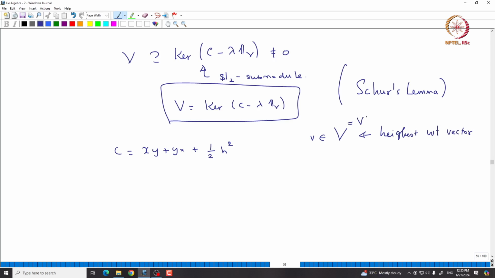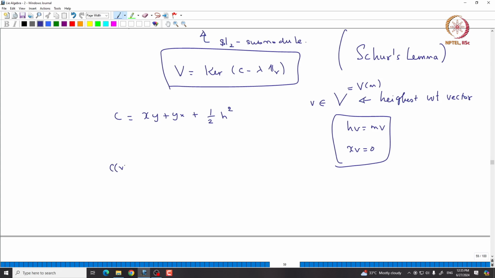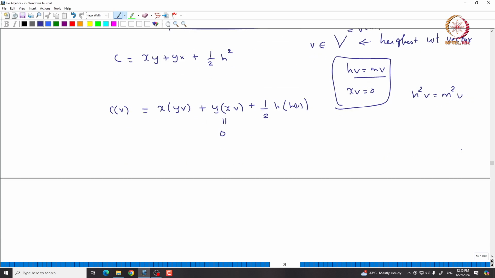Since V is equal to V(m), we know that hv will be mv and xv will be 0. Now let us use this formula to compute Cv. Cv is going to be xyv plus yxv plus (1/2) h squared v, so this is going to be xyv plus 0 plus (1/2) m squared v, since hv is mv and h squared v is m squared v.